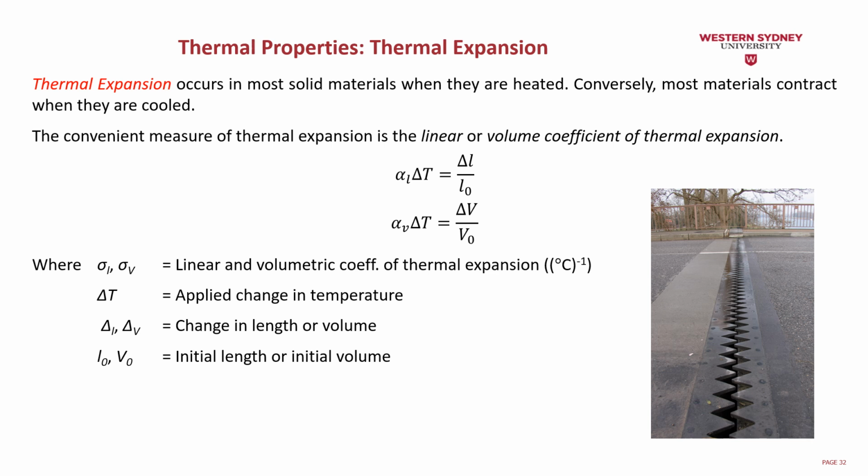the original length. In the case of the volume, we're going to have the volumetric coefficient of the thermal expansion. So the volume itself is going to be expanded not only linearly but also in 3 dimensions.